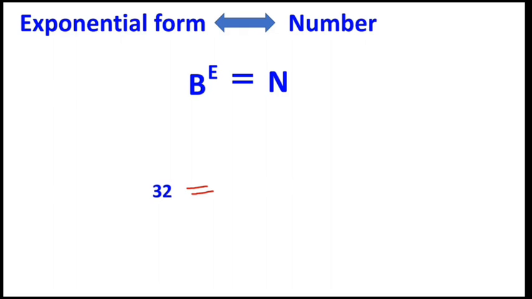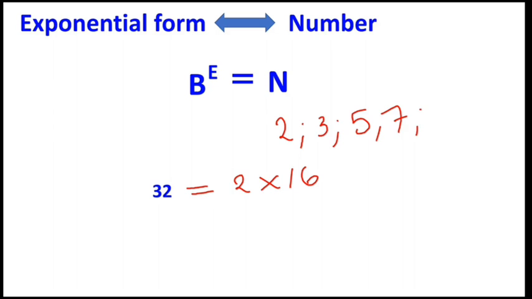So the prime numbers, your 2, your 3, your 5, your 7, these numbers that have got 1 and themselves as factors only. Okay, so we can clearly see that 32 can be divided by 2. So 32 is equal to 2 times 16. The 16 can still be divided by 2.